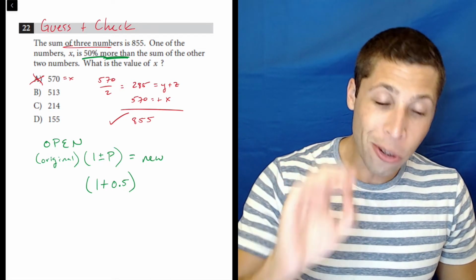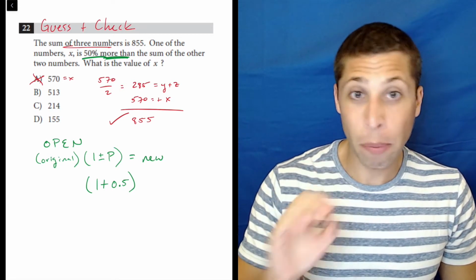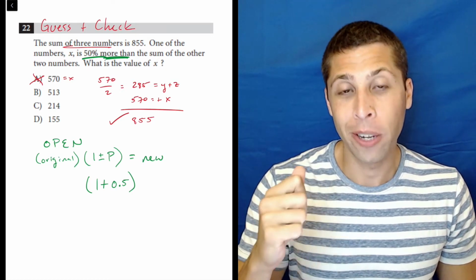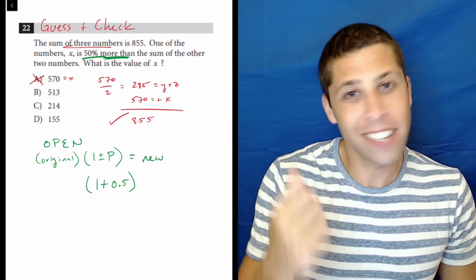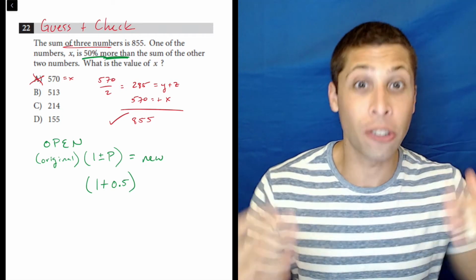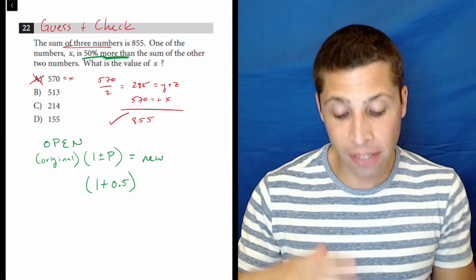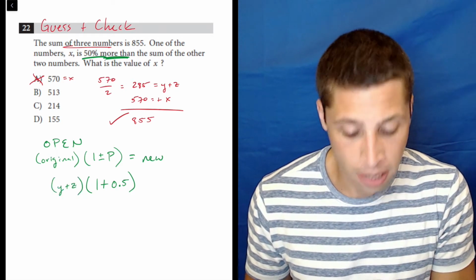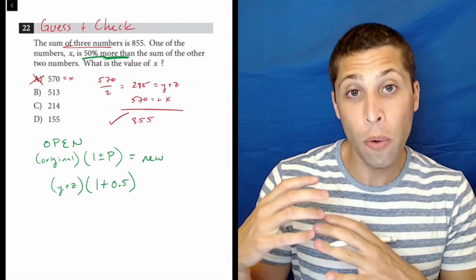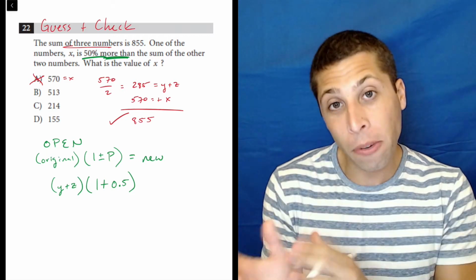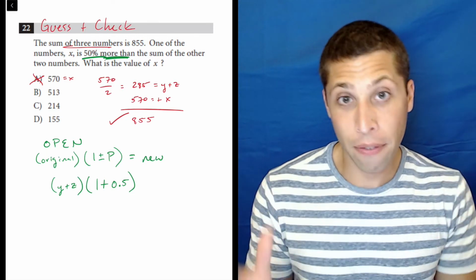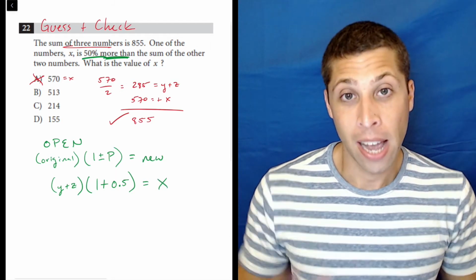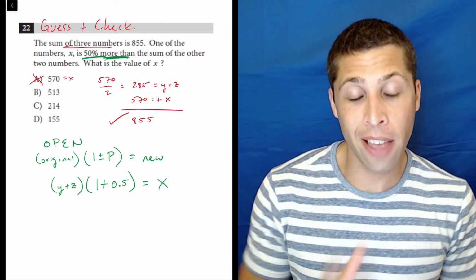Though what we do need to be careful of is where we put our X, okay? Because the X, it's not the original, right? It's the result. The original is the other two numbers. So I'm going to represent that with just Y plus Z, okay? And so those two numbers are being increased by 50%, and so that's going to get us X. And so if we keep all this stuff aligned, then we're good.